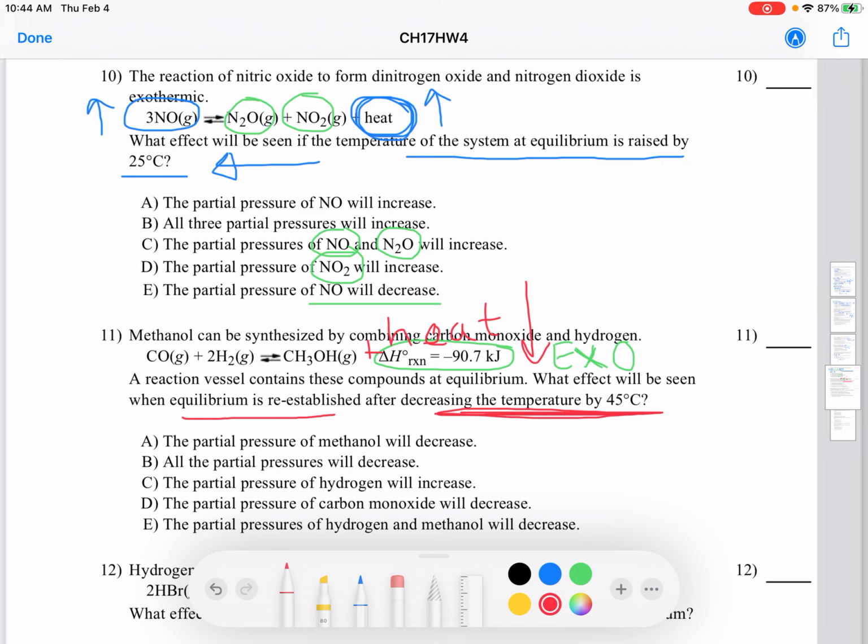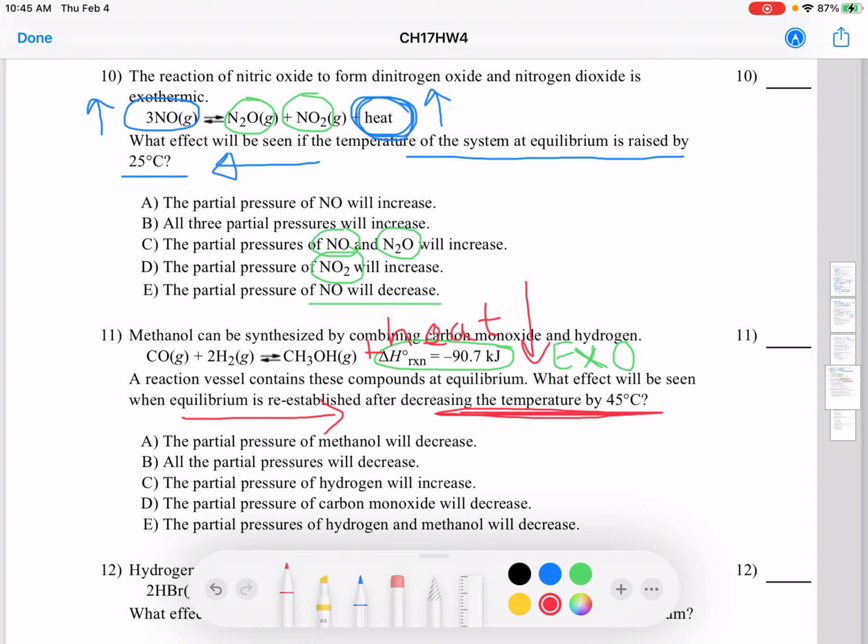Which direction? Reverse direction, no, forward direction. It should go in the forward direction, making more heat. Once you figure that out, you can look at the problem's choices and see what the correct answer is.